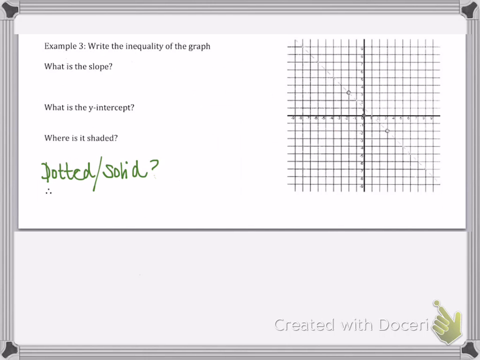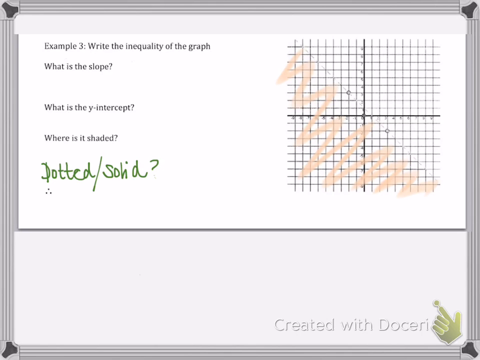The last skill we want you to have is to be able to look at a given graph and be able to determine what the inequality is of the graph. It's kind of hard to see it from the photocopy. It shows up a little bit better on your notes, but over here this is shaded on the original graph.